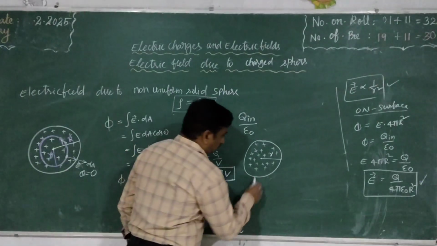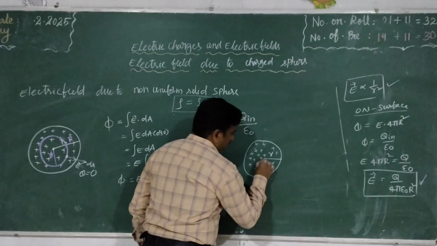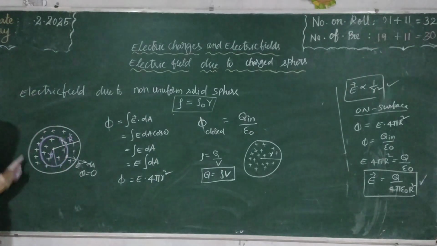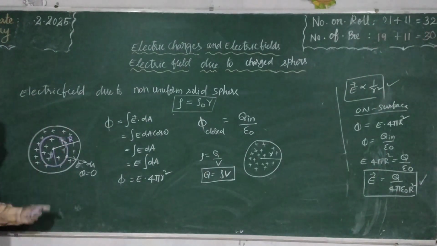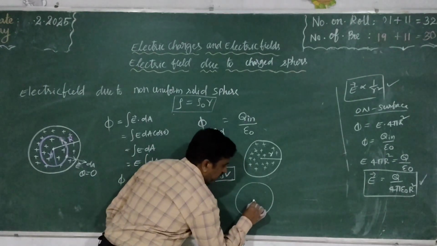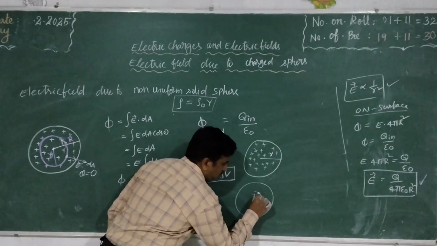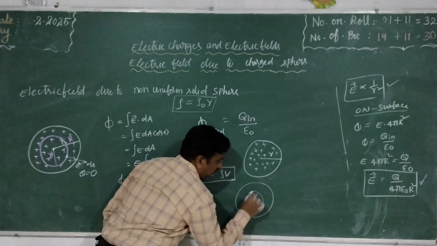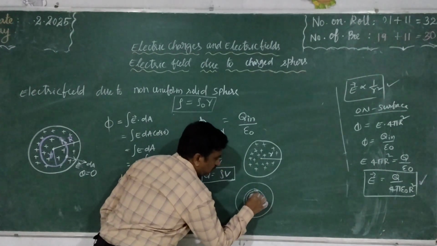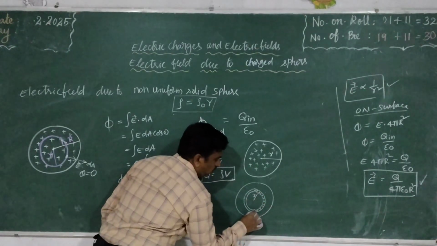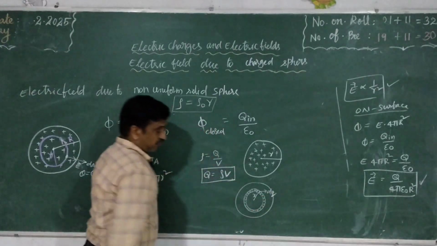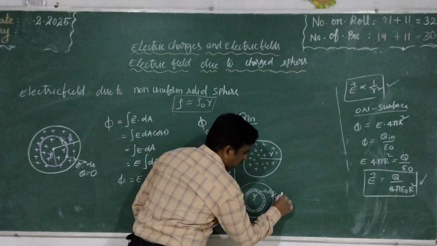For that, from distance r, I take here this Gaussian sphere inside the solid non-uniform sphere. See, for example, this is the sphere. From the center, at distance x, we can take a small elemental region. So this contains charge dq, and its thickness is dx.